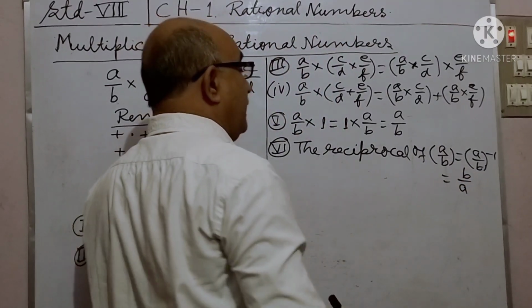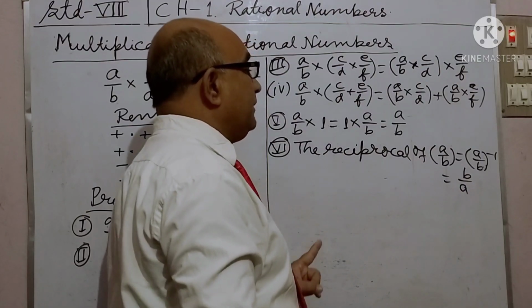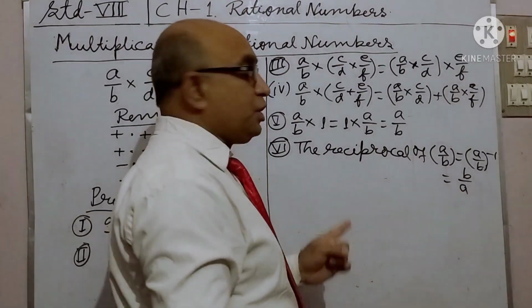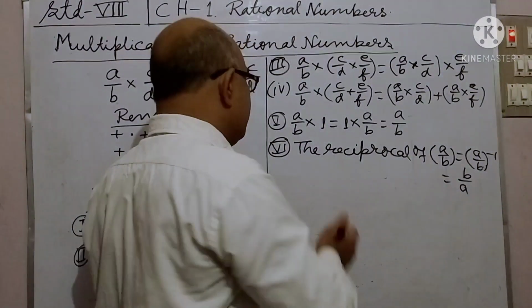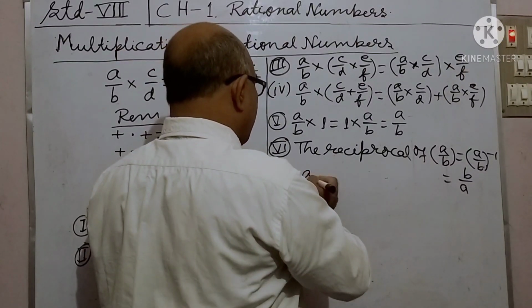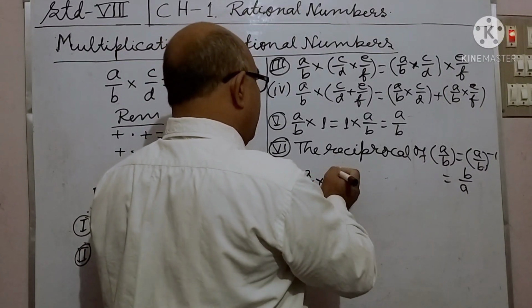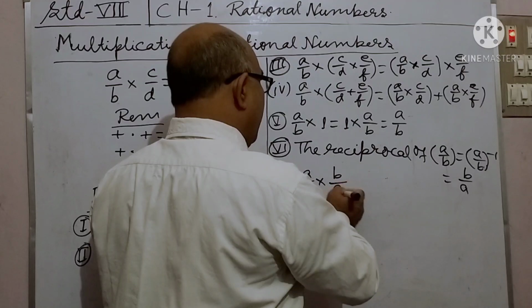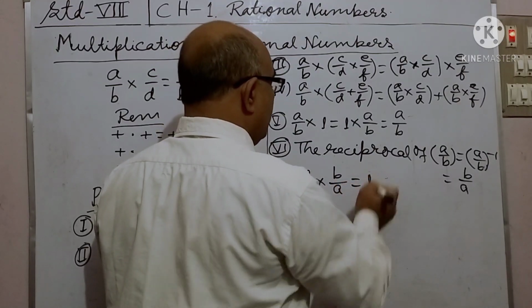The product of a rational number and its reciprocal or multiplicative inverse is 1. So a by b into b by a equal to 1.